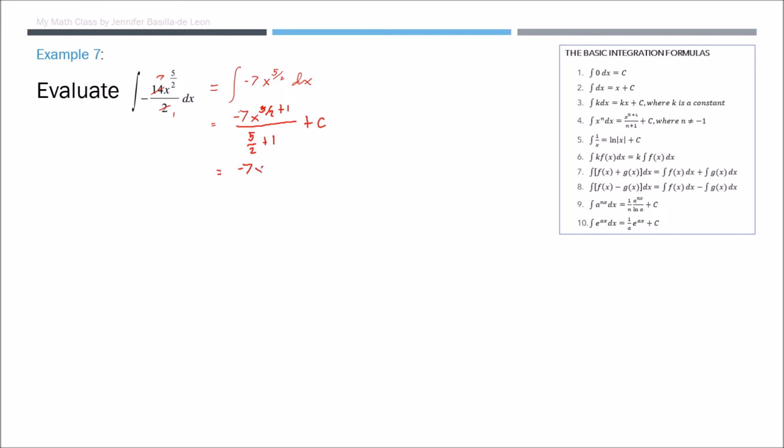Simplifying the exponent, we shall have 5 halves plus 2 over 2, and then in the denominator we also have 5 halves plus 2 over 2, and then the arbitrary constant c. So in the numerator we will have 7 halves. In the denominator we also have 7 halves.